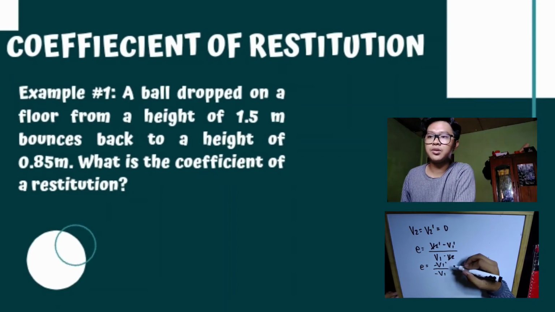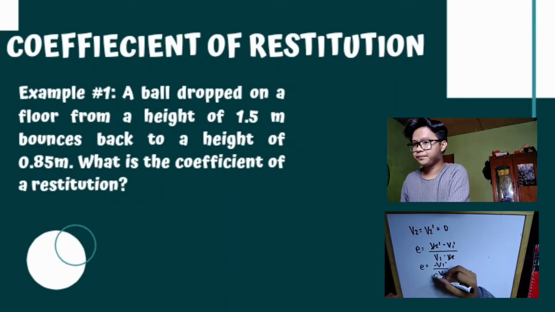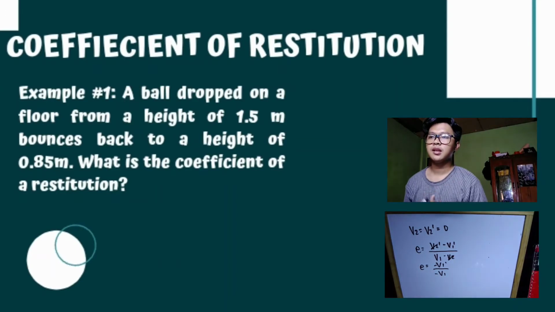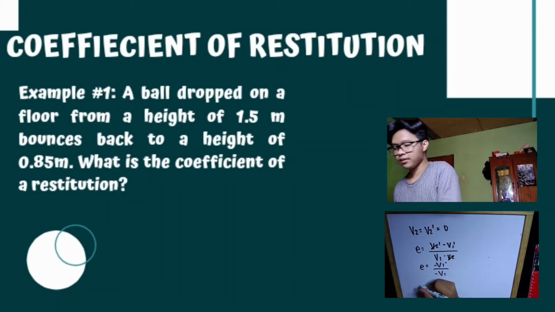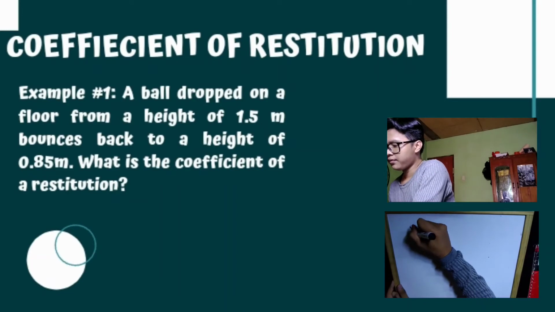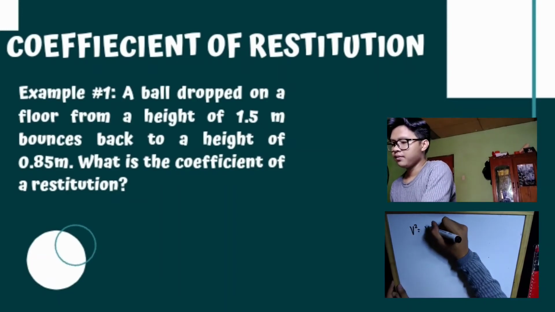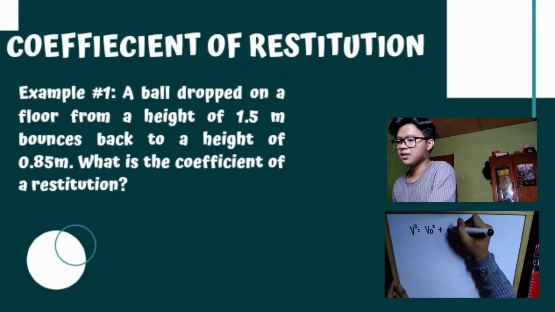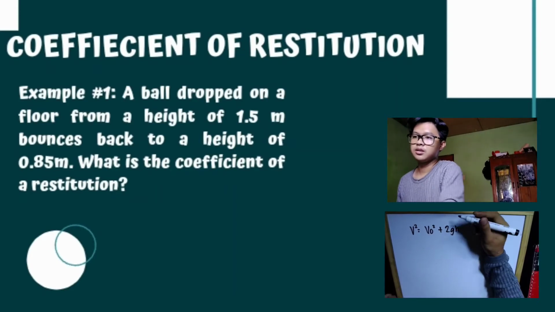Since ball ang pinag-uusapan natin, pababa siya. So this is negative. Before the collision, ang initial velocity natin, since dinrop lang yung ball from rest, v(O) squared is 0. So we have v squared equals v(O) squared plus 2gh.